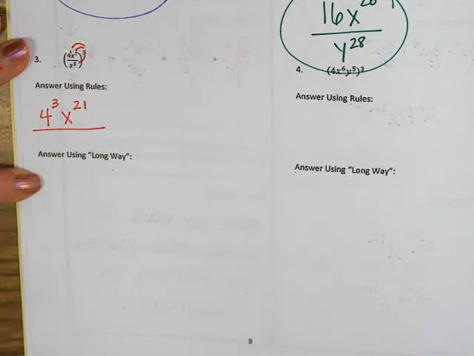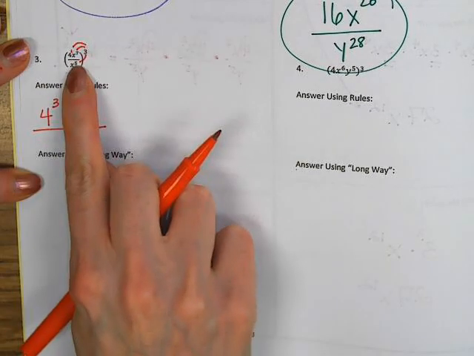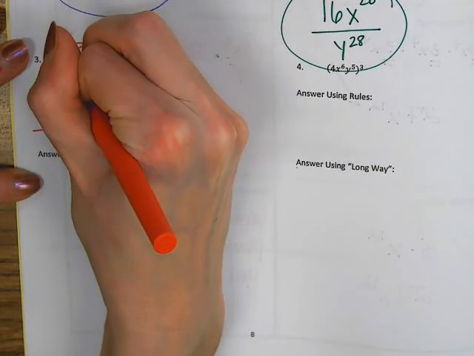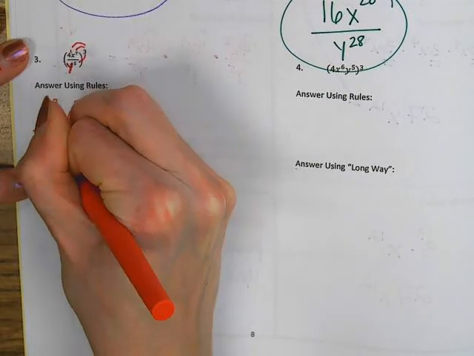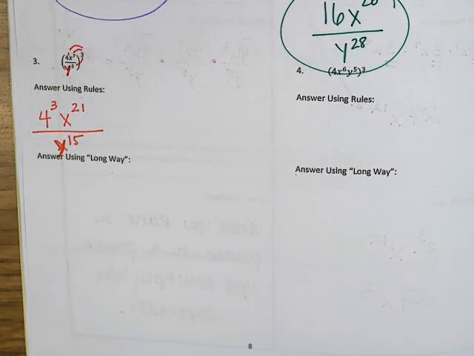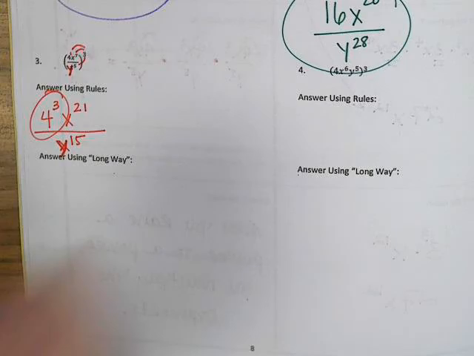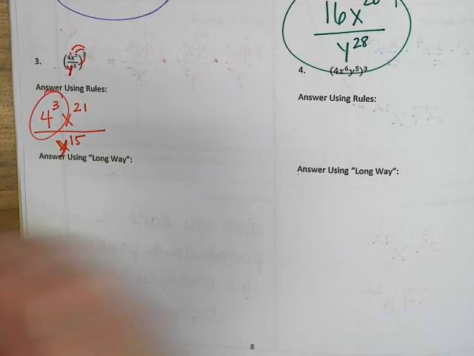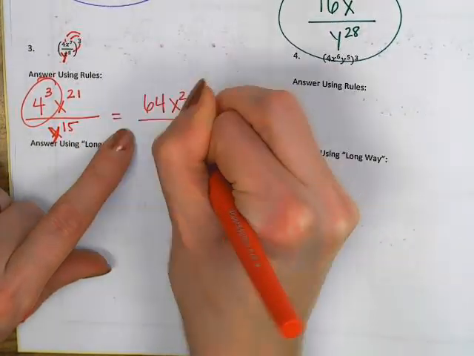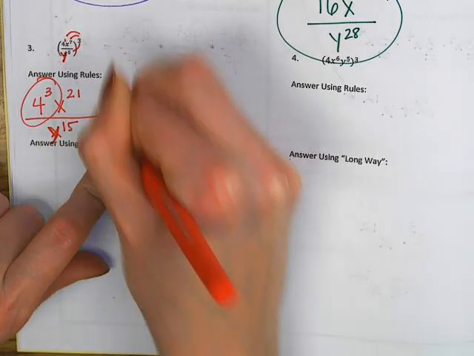And in the denominator, 5 times 3 is 15. Oh, you guys, typo, this should be a y. Let's make that a y to the 15th. And then you just have to do this: 4 to the 3rd power is 64. So the final answer is 64, x to the 21, over y to the 15.